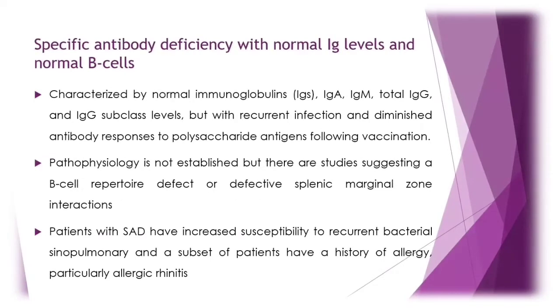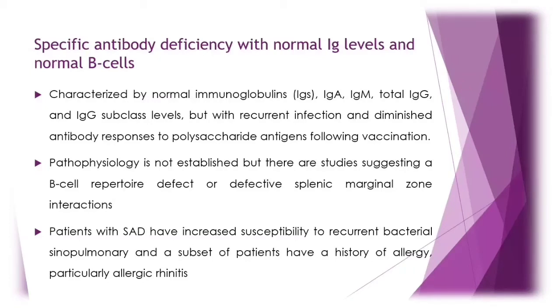Number 4 is specific antibody deficiency with normal Ig levels and normal B cells. This is characterized by normal immunoglobulins, IgA, IgM, total IgG, and IgG subclass levels, but with recurrent infection and diminished antibody response to polysaccharide antigens following vaccination.